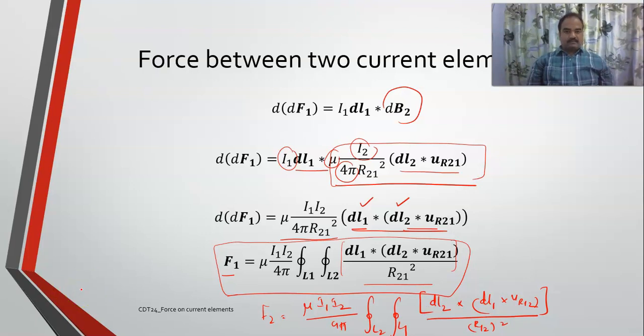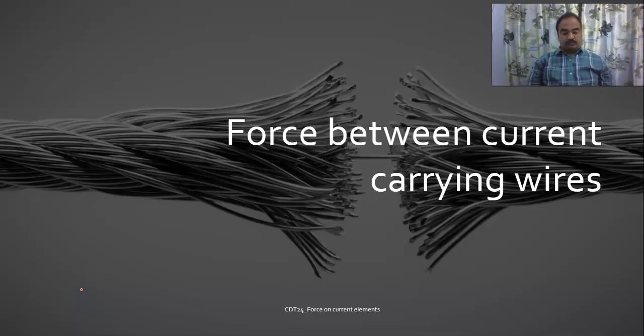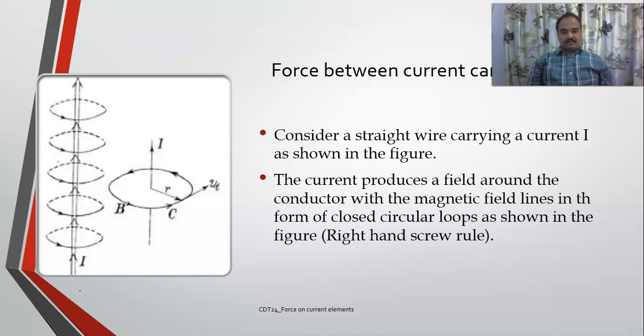Having said this, now we will move on to the practical thing, which is due to very long current carrying wires. We have already seen the force. Let us suppose this is a wire carrying a current I in this fashion. Automatically how will the field be?